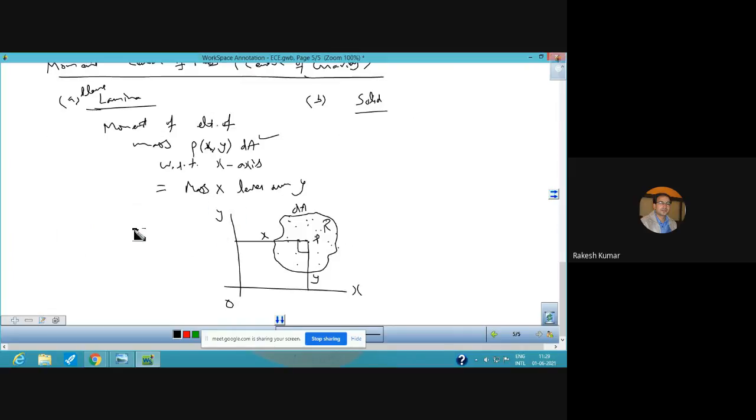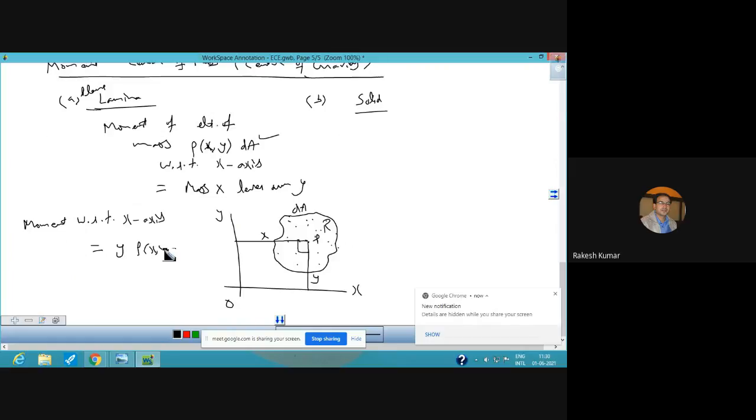So the moment with respect to the x-axis is y rho xy into dA. This is the formula for mass, and this is lever arm y.